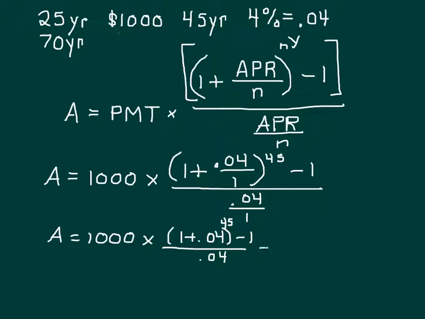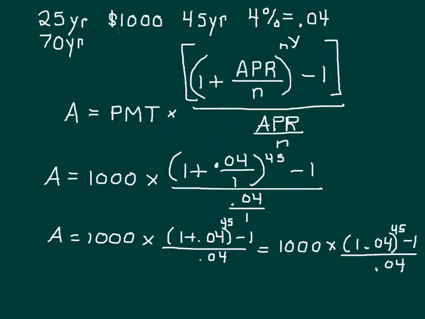And this is equal to 1,000 times, well, 1 plus 0.04 is 1.04 raised to the 45 minus 1, and this is over 0.04. And now we can just plug this into our calculator.